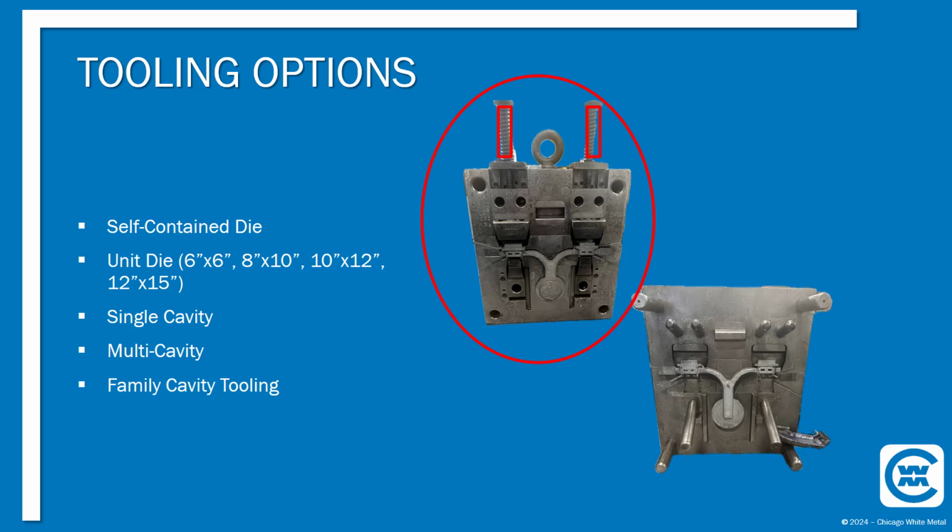We can potentially do 2 different parts in the same tool, which is called a family tool. Again, an economical option. Typically, when we're doing that, the parts need to be very similar in geometry and weights, so that when you're feeding material from one side to the other, you're pretty close in the type of part that you're filling at the same time.